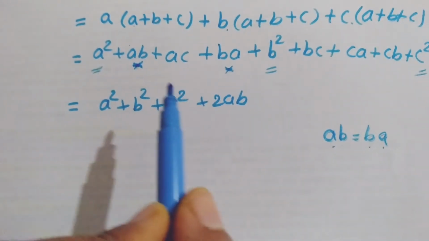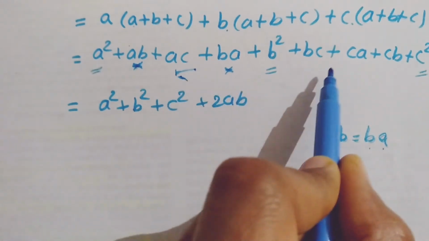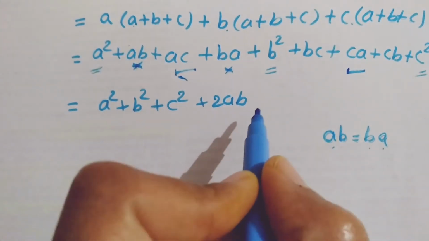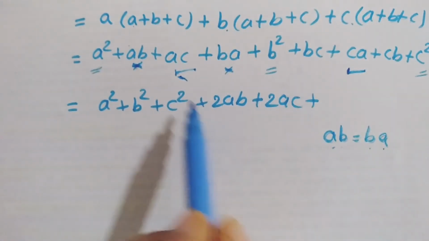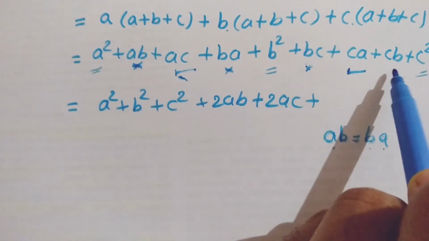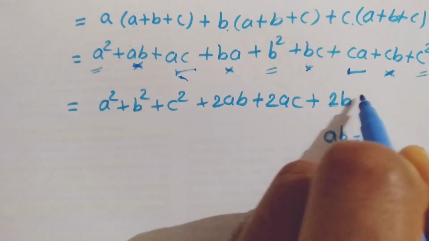Now similar way here ac, third term is ac, and here this term is ca. Again ac equals to ca, so here it is twice ac, plus next remaining terms are bc and cb. Again bc equals to cb, so here twice of bc.